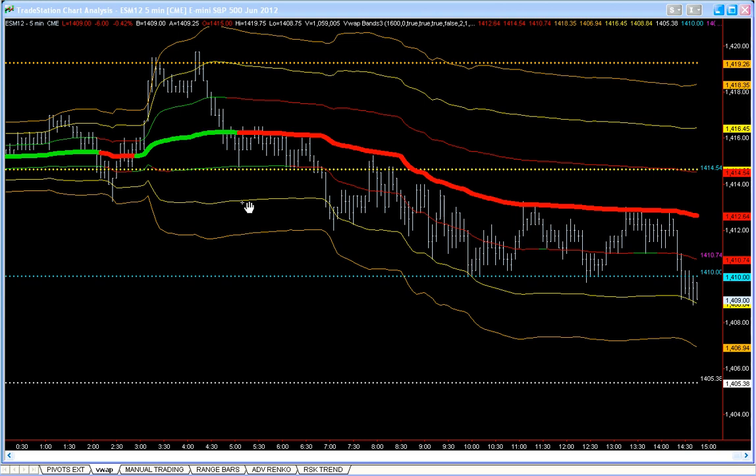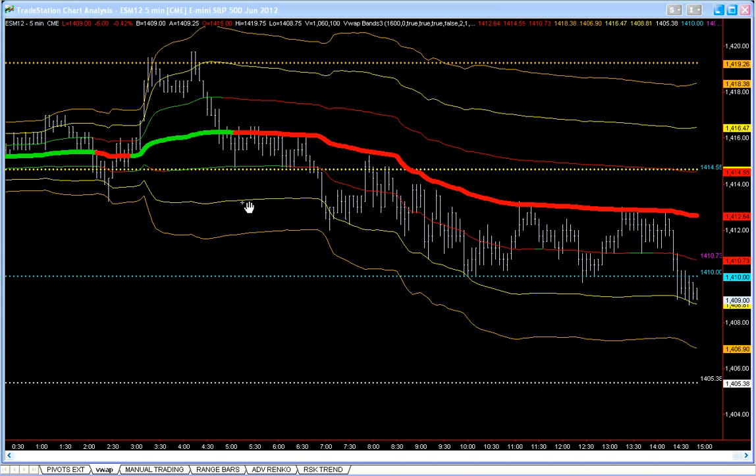And as a result of this, when we begin to notice how the Spoos move, it is typical for the Spoos to move only about 2 standard deviations away from the VWAP before we expect some kind of a change in market direction.